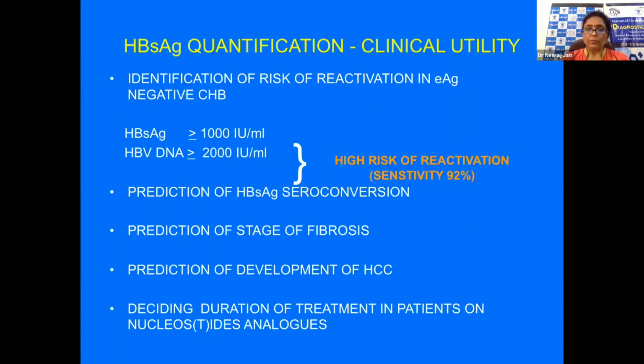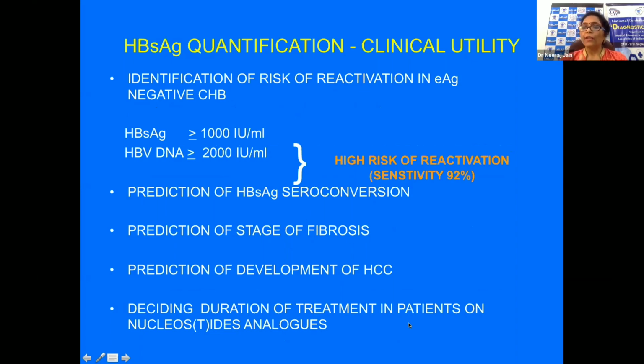Now, prediction of stage of fibrosis has also been linked with HBs quantification, as well as development of HCC, and deciding the duration of treatment in patients, especially on nucleoside analogs.